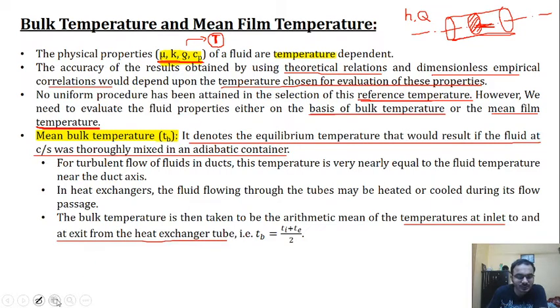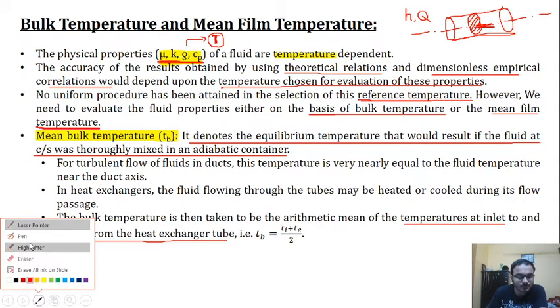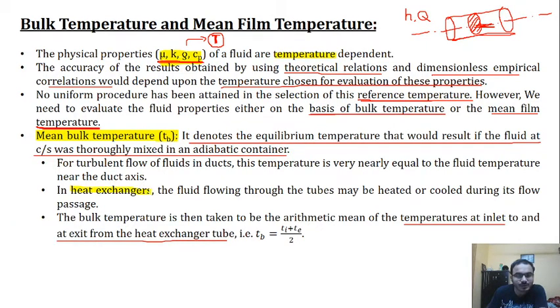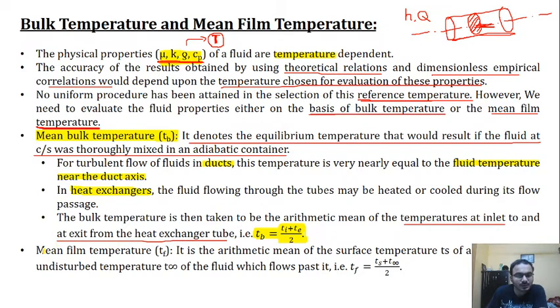So in case of heat exchangers we are going to utilize this formula, and in case of a duct it is taken as the fluid temperature near the duct axis.